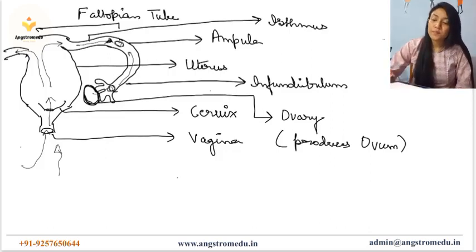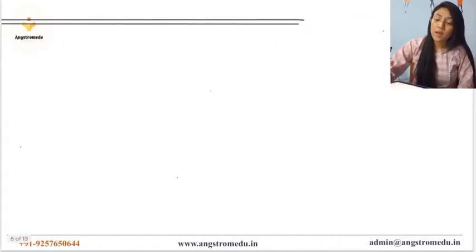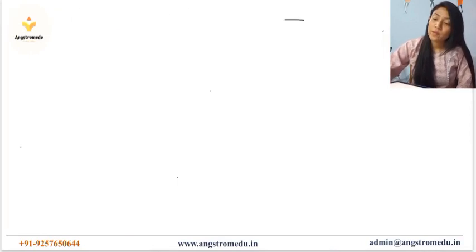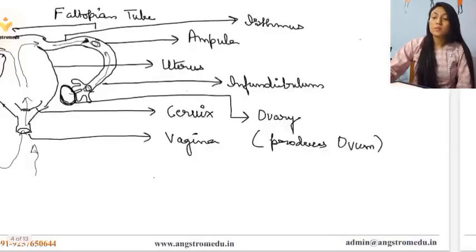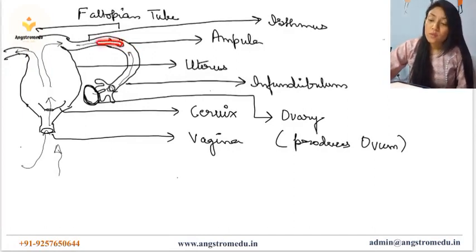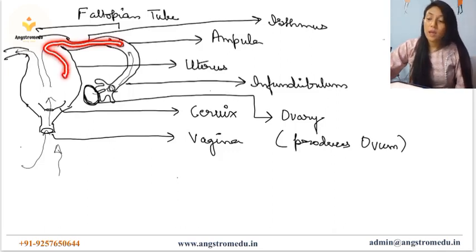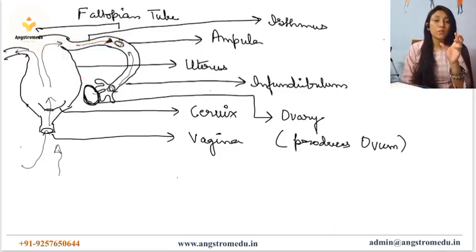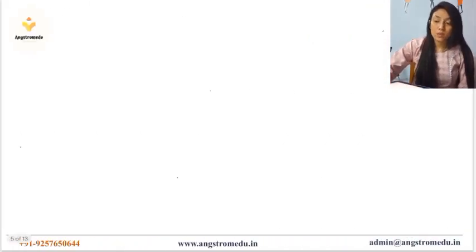Now what happens next? After the production of the zygote, the zygote moves down the fallopian tube and into the uterus, and from the uterus it gets fixed into the wall of the uterus, and that process is known as implantation. Okay, we'll see that also. Let's see how this process is happening.